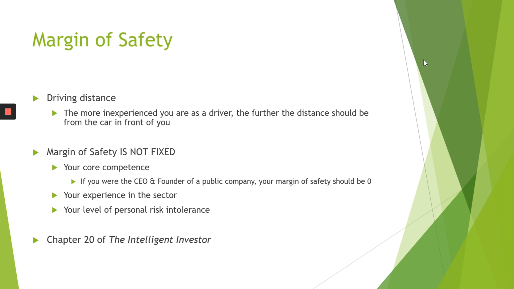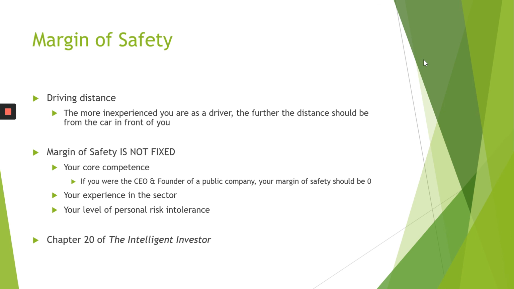And that gives you your personal level of: this is a fair valuation for the company based on my own risk tolerance. And that is the best way we've found of valuing businesses using this margin of safety concept.